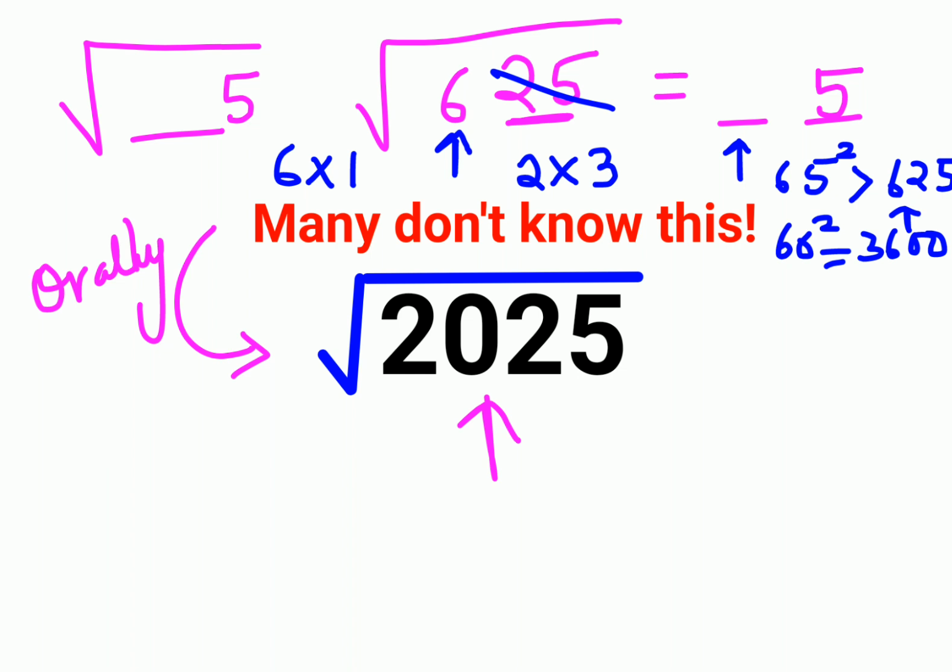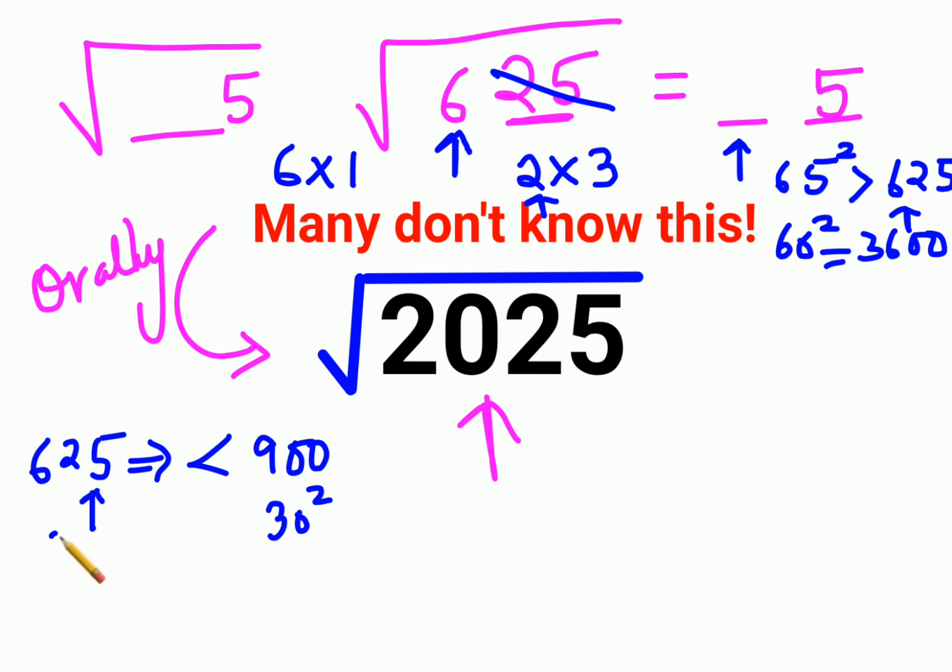So you need to make sure that whenever you are finding the square, you focus on the product in such a way that you have a brief idea of where your number should lie. For 625, we know that 625 is much lesser than 900, which is 30 squared. So this has to be lying between 20 squared and 30 squared.